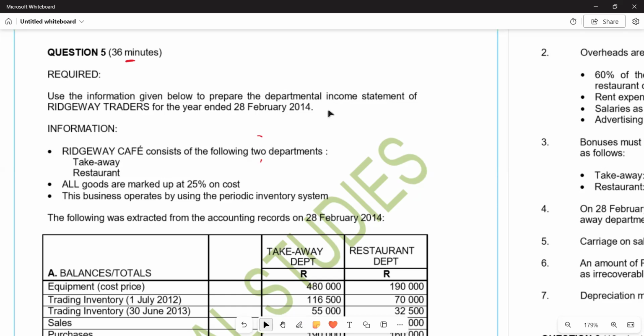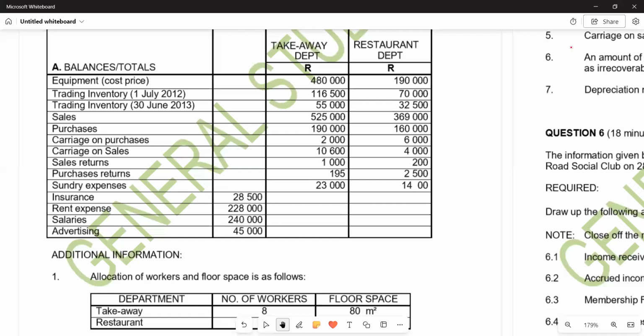We are given a table with a column for the takeaway department and a column for the restaurant department, with information within the table. You can go through the table of balances, and beneath that we have the additional information.